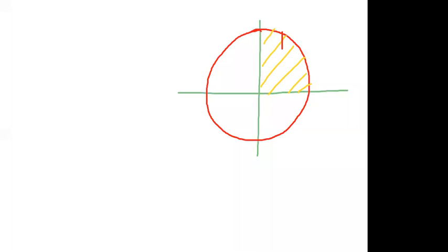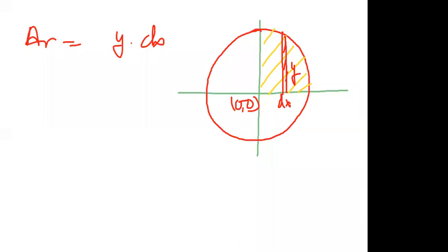Now I'm making a small strip. Its height will be y and its thickness will be dx. So the area of the strip will be y dx. Now we are going to apply the limits, from (0, 0) to its radius (2, 0).